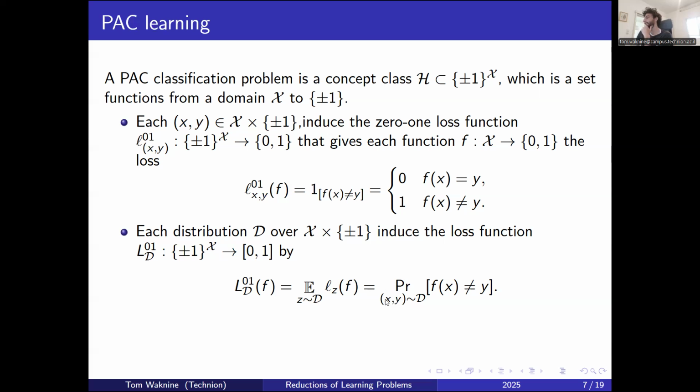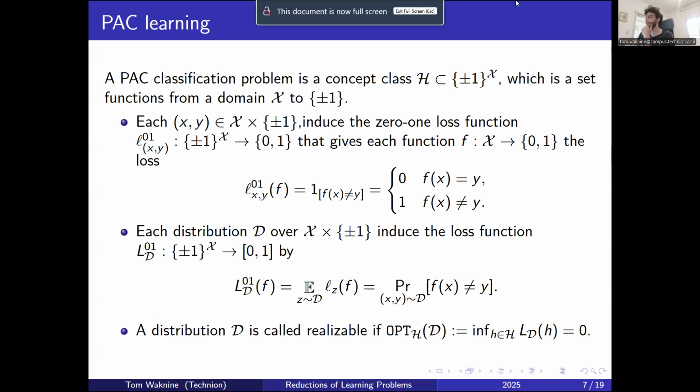This is the same as the probability of misclassification, because for each (x, y) you receive a loss of 1 if you make a mistake. So the general loss is the probability that f(x) is not y on a random (x, y), and this is what we want to minimize.